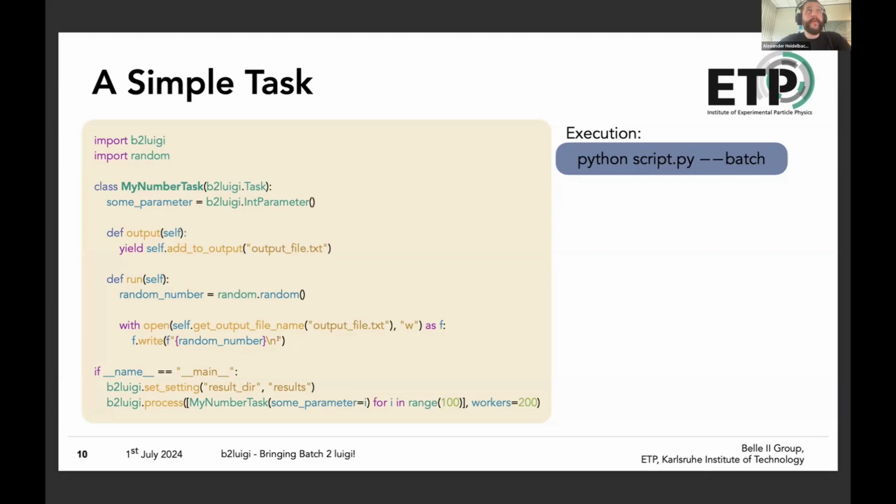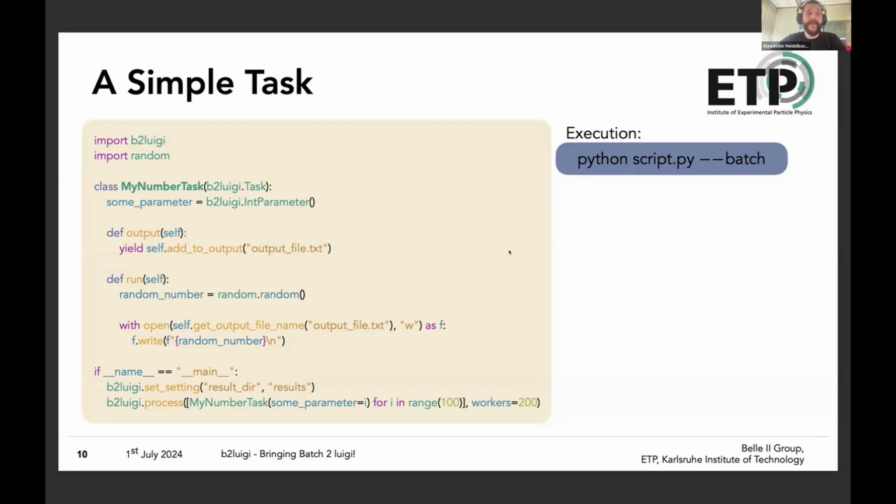A key point that I want to highlight here is that in contrast to Luigi, the syntax is a lot simplified. So we have methods like get output file name or add to output, which just help the user to define the output and input structure a lot by only giving keywords and not having to think about the entire path.